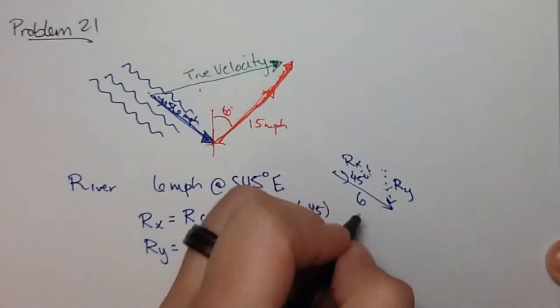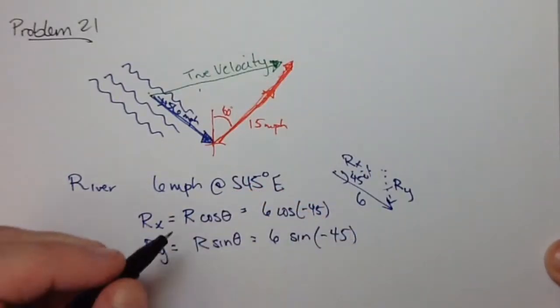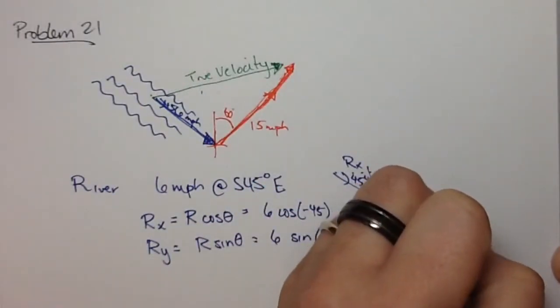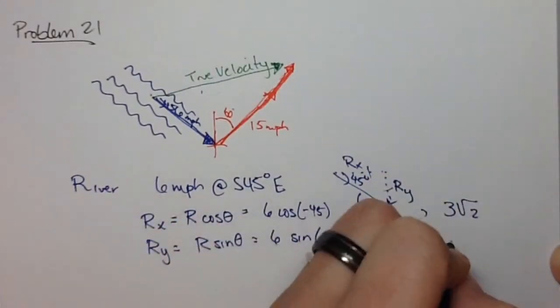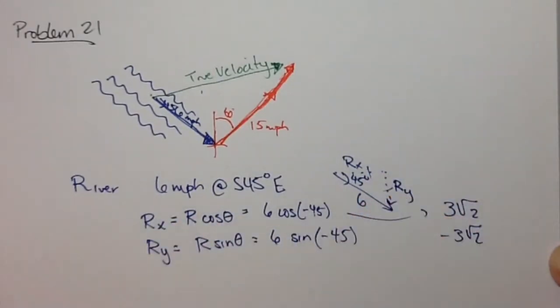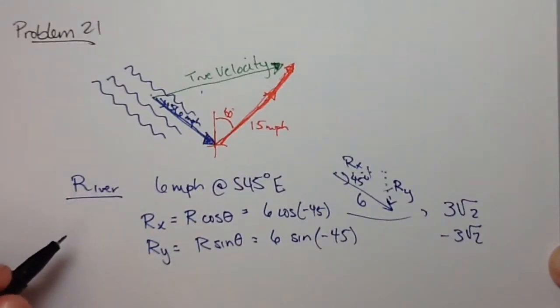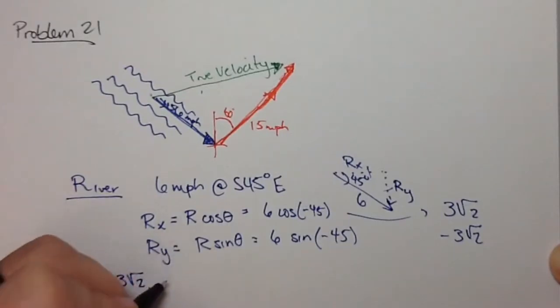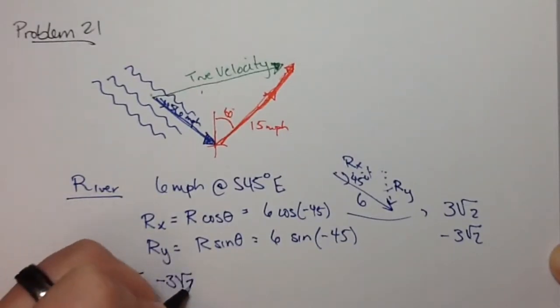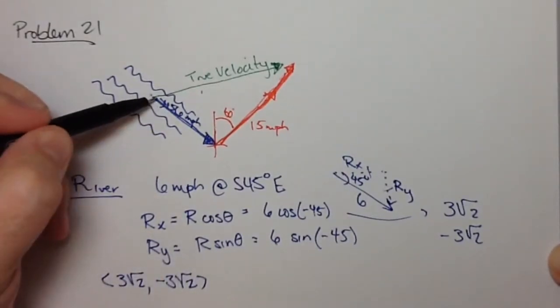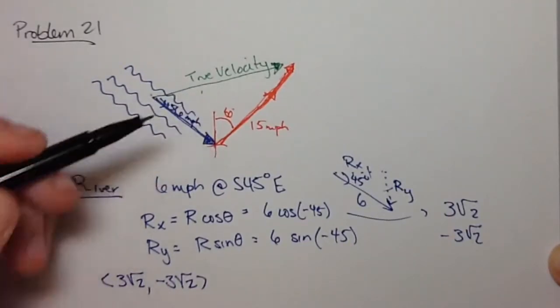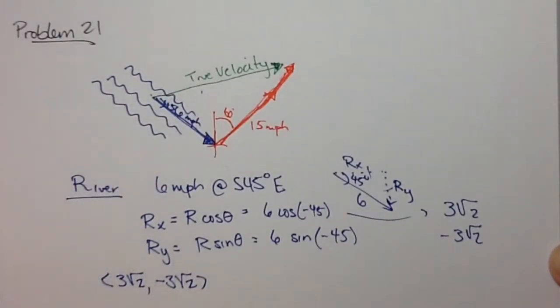So then rx is 3 square roots of 2, and ry gives us negative 3 square root of 2. So again, writing the river's vector in component form, this is going to be 3 square roots of 2 and negative 3 square roots of 2. That makes sense because it's going east and south, so this should be positive and negative.